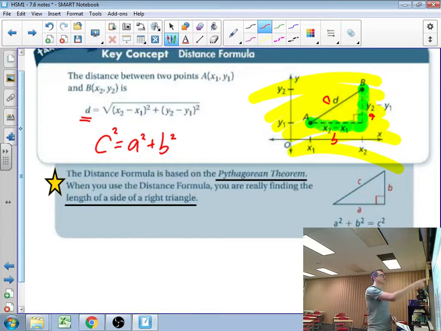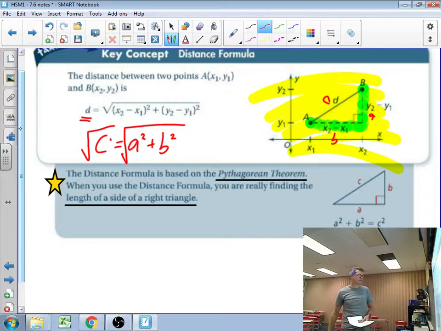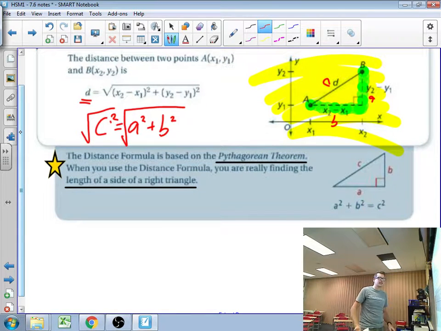So that's why our formula is actually this. It's the same exact formula. The square root of C squared is equal to the square root of A squared plus B squared. But when I square root something squared, the square and the square root disappear. So that's how I get C by itself. So remember, this is just an application of that Pythagorean formula.